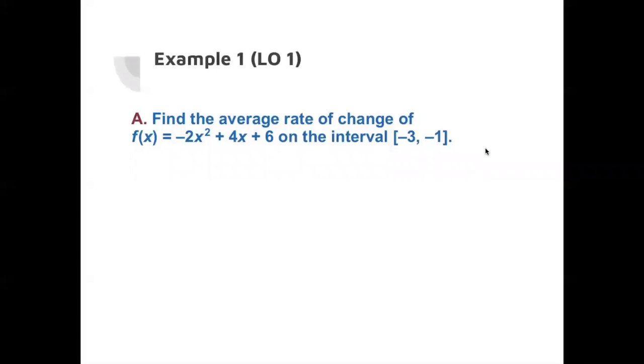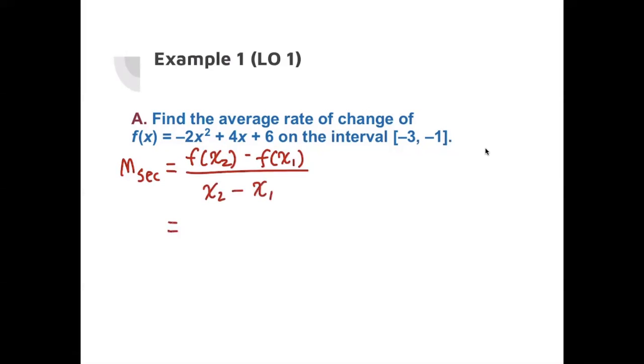Find the average rate of change of f of x on the interval -3 to -1. So they're giving the interval, right? So we can just use this formula. m secant equals f of x2 minus f of x1 over x2 minus x1. x2 is -1. x1 is -3. It's given here, right?